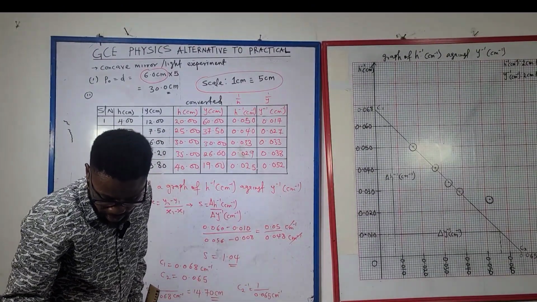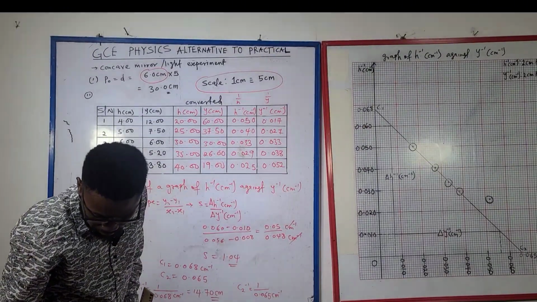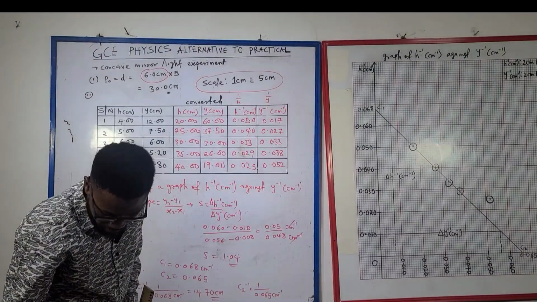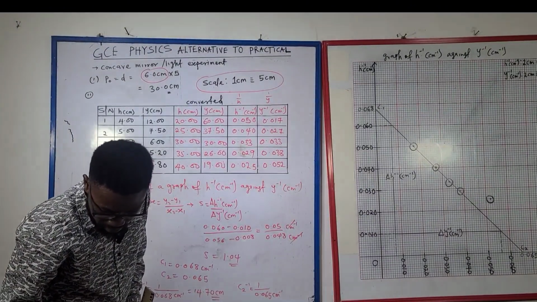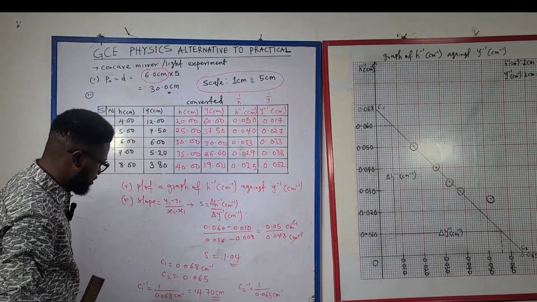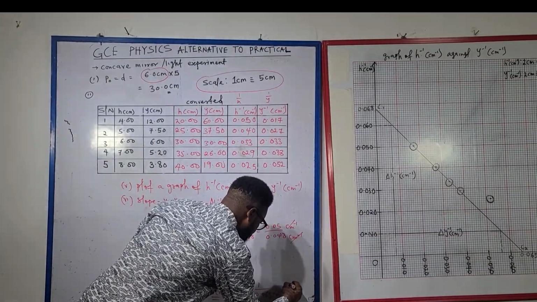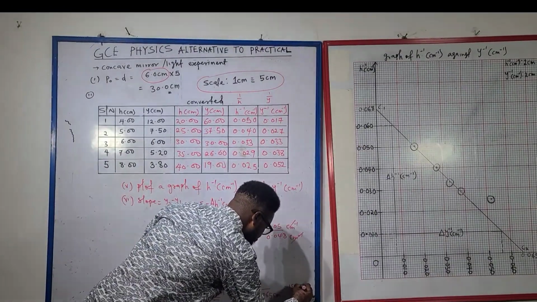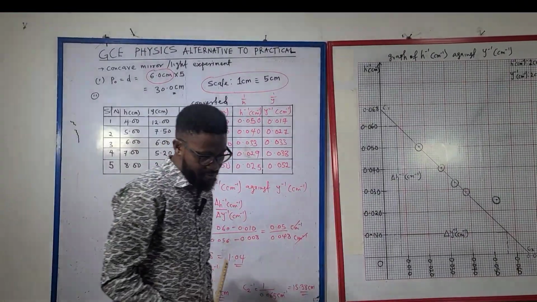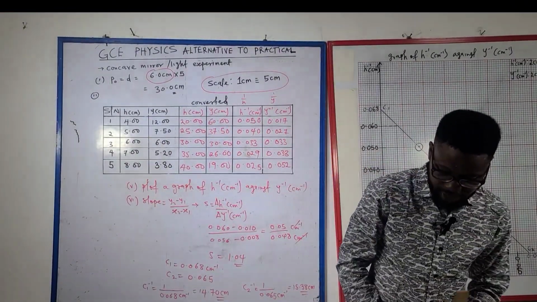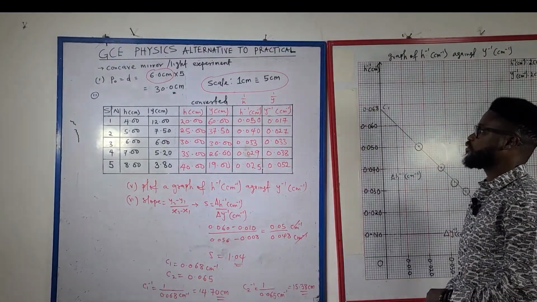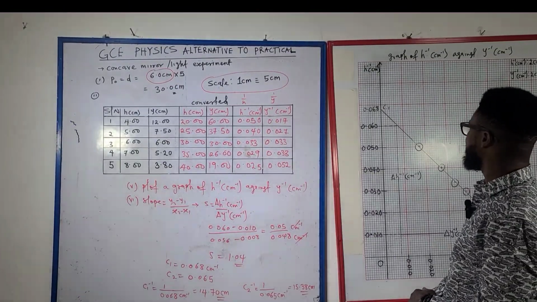So 1 divided by 0.065, you're going to have 15.38 centimeters. So that way I have been able to deal with question 6 for this light experiment.